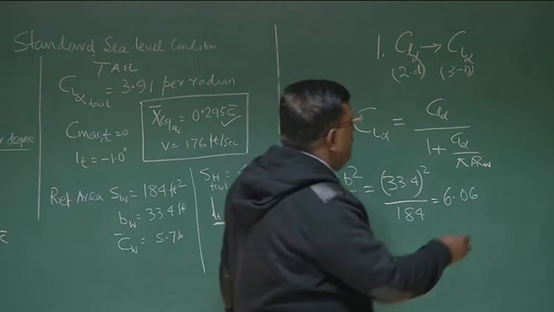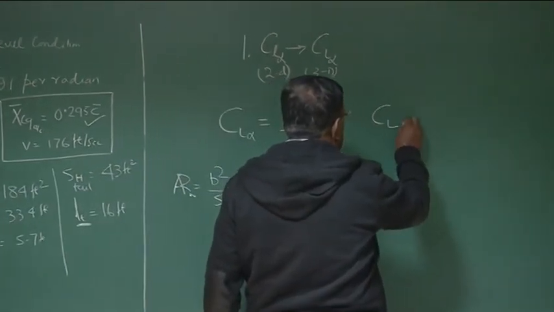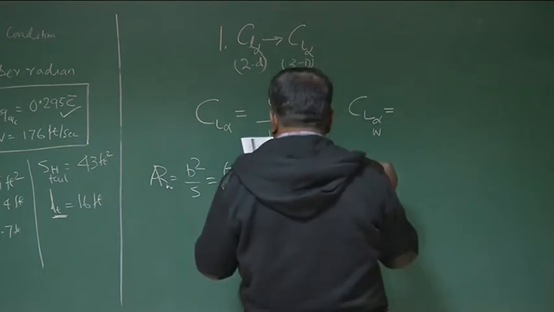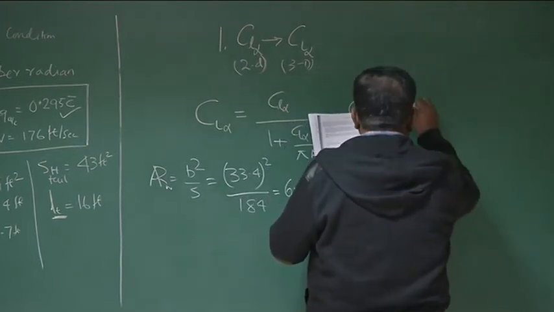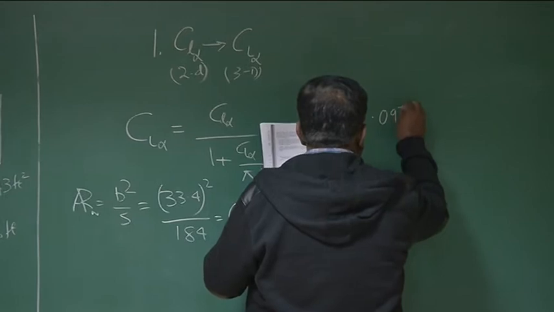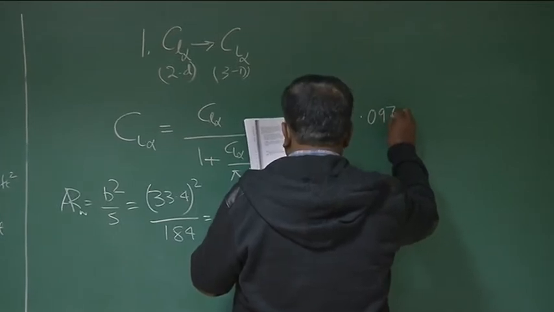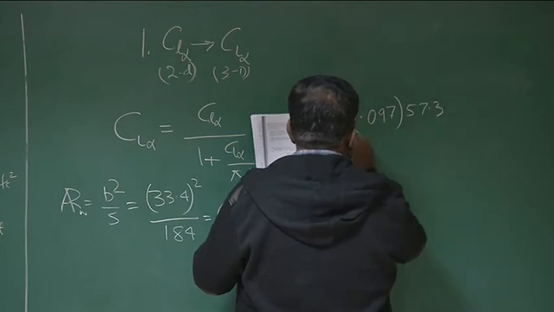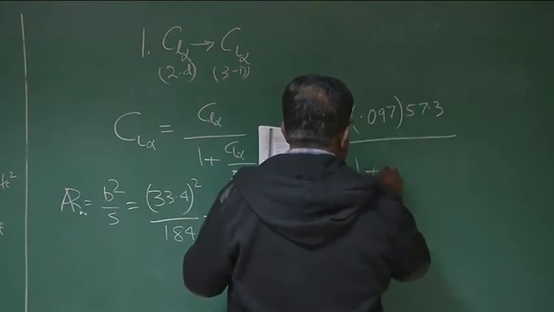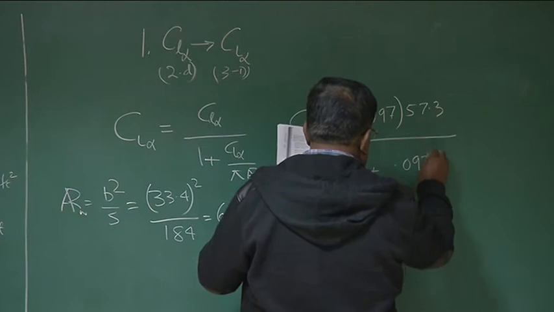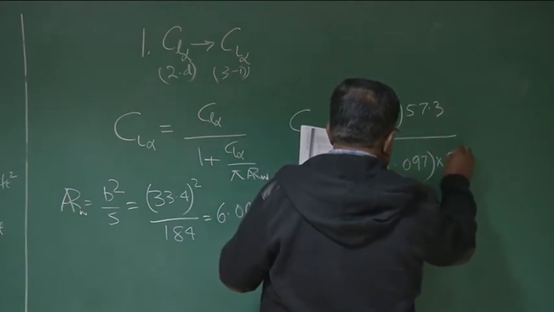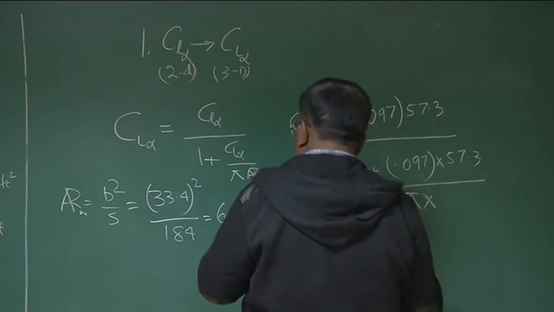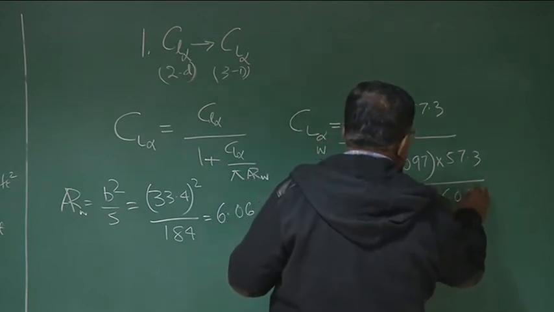Now it's very straightforward. CL alpha wing 3D will be, what about the CL alpha 2D value? Let me put that as 0.097. This is per degree, so I will multiply it by 57.3 to make it per radian. So 1 plus 0.097 into 57.3 divided by pi into the aspect ratio, which is 6.06.